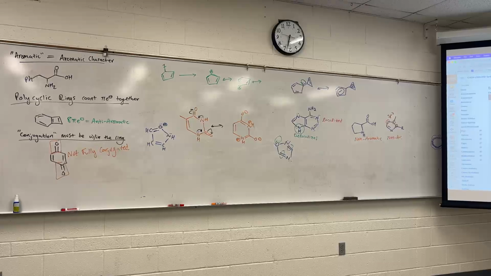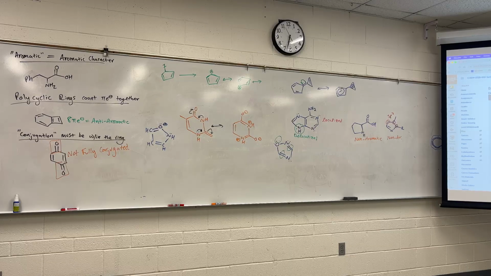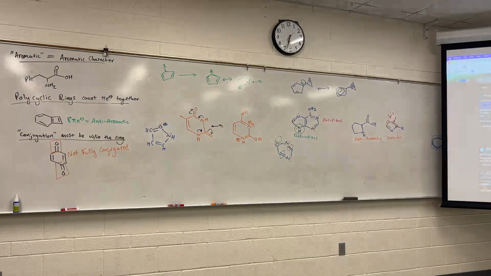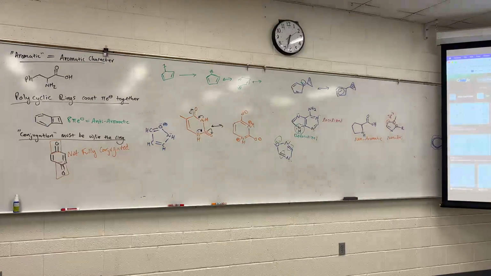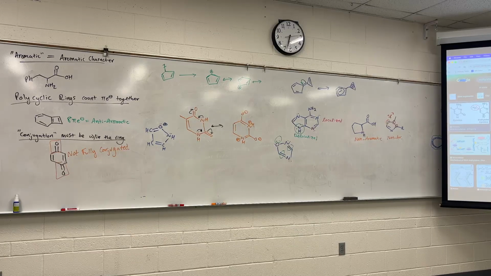I saw a really interesting mechanism recently, and it was talking about methylation. Do you guys know what methylation is in DNA? It's a way that cancer is formed. Your DNA gets methylated. And it involves some of these resonance forms and aromatic rings.